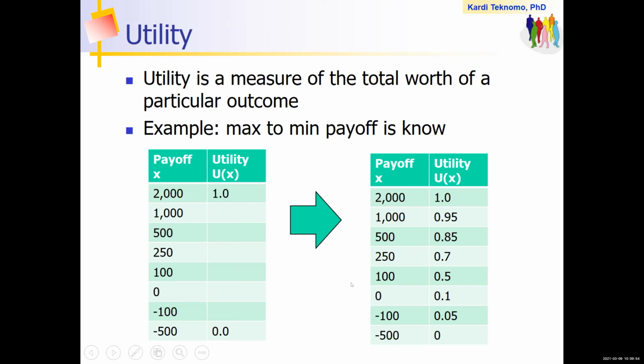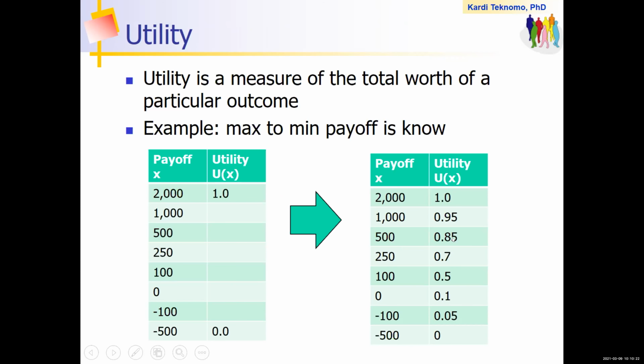The minimum payoff of negative 500, you put as utility 0. Then you fill in the values in between. You can fill in subjectively the value of utility in between. For example, if 1,000, I will put 95%.